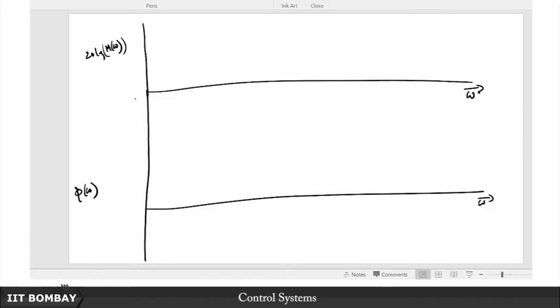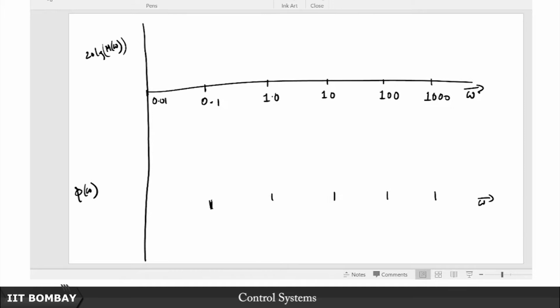Let this be 0.01, then 0.1, then 1.0, then 10, then 100, and then 1000, and we are good. This does not look very nice, so let me try and draw this line a little better.